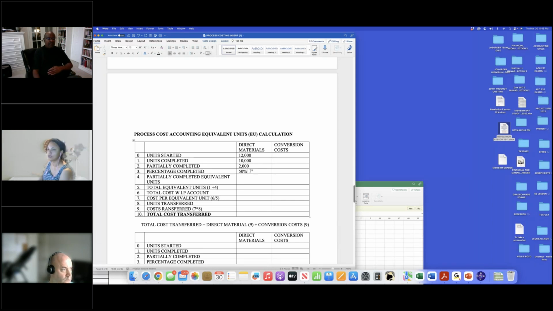So the partially completed, if we want to equate that to this 10,000 complete, we have to multiply 50% times 2,000, and we will get what? 1,000, correct? Multiply 50%. Okay, gotcha.